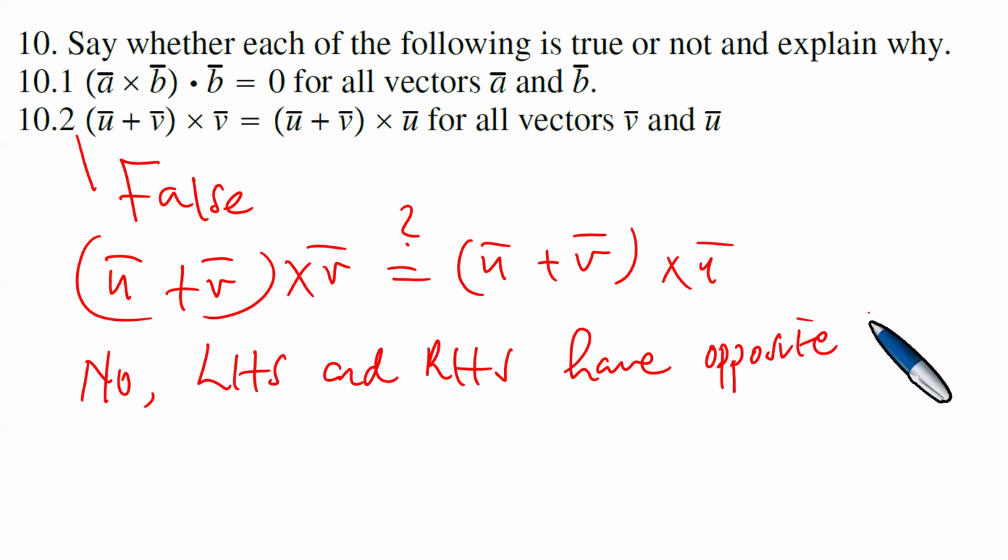And therefore, as a consequence, it is not true that you have that result there. Let's move on to the next point.